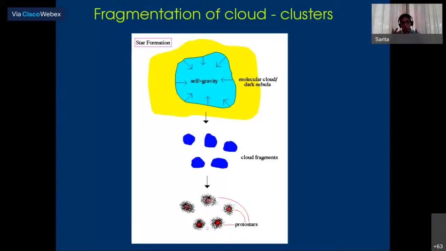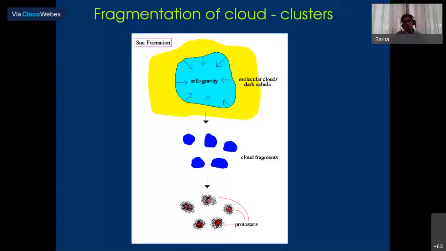The density is increasing, so the pressure is also larger. Initially the molecular cloud was made up of molecules. Then as the temperature rises, the molecules are dissociated at the core. Outside, there is still a density gradient, so things happen more slowly there than in the core.